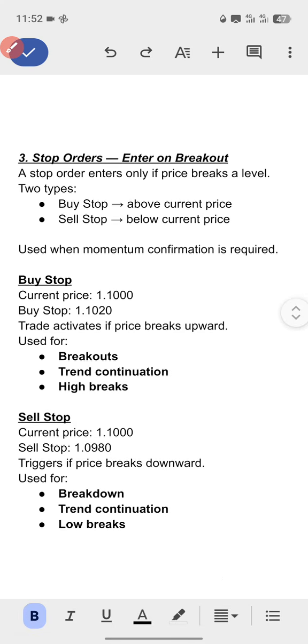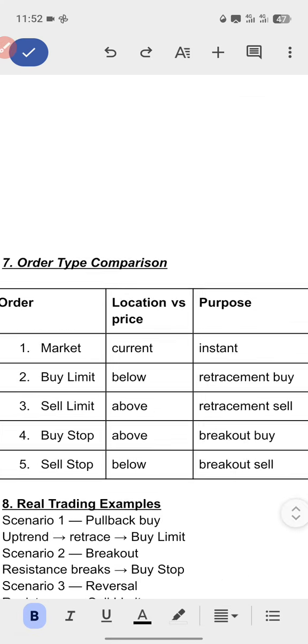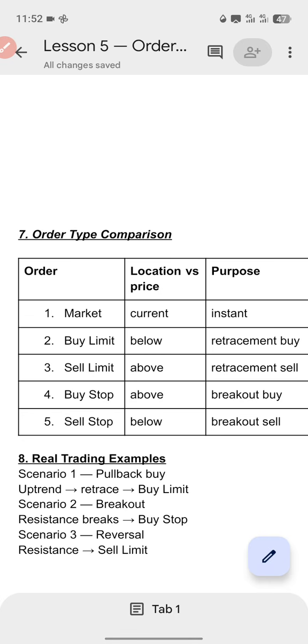Now let's talk about this aspect as well: the order type comparison. With the market order, location versus price. The market order opens a trade at the current price with a slight slippage.